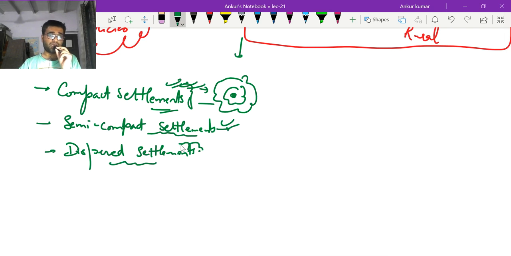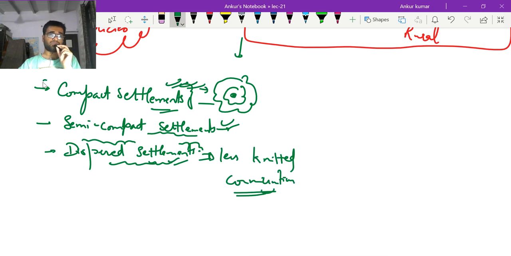Dispersed settlements are found in a more dispersed manner than compact and semi-compact settlements, for example, in the hilly regions, in the dry zones, in the desert region. People live far away from each other, so they are less knit communities.